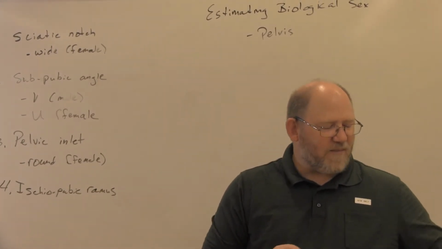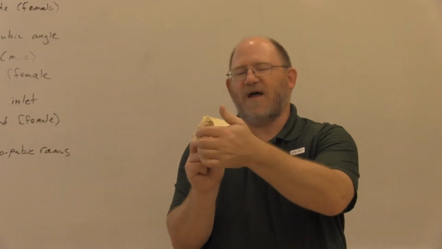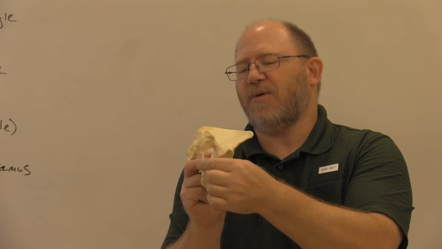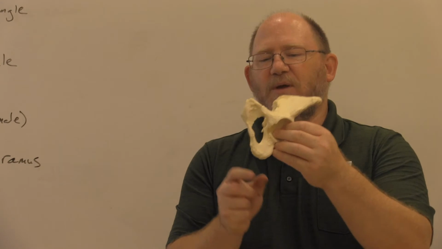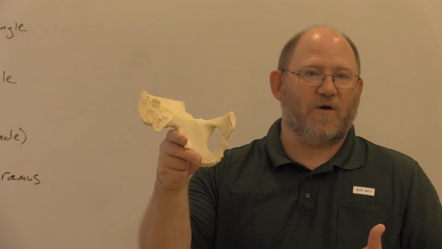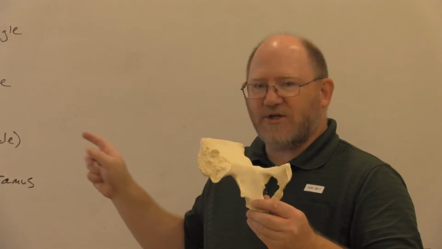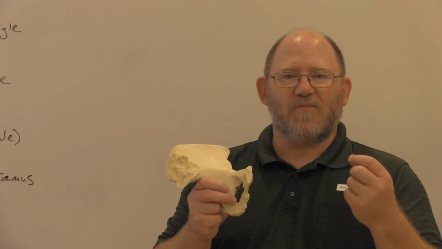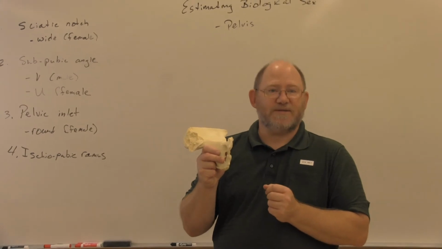With a female, because of this more U-shaped angle at the subpubic angle, the ischiopubic ramus is quite thin at the top part, and it has a little bit of a curve to it, and a little bit of a twist. So the ischiopubic ramus is more kind of straight for males, and for females, it gets thin and has a little bit of a twist.